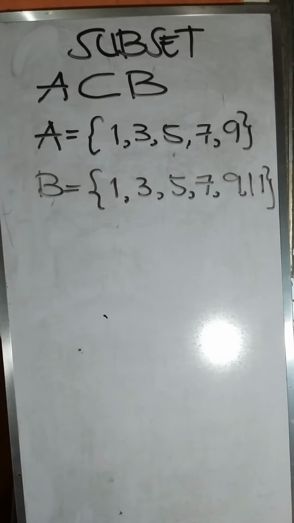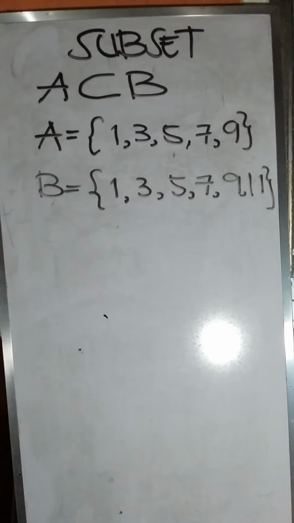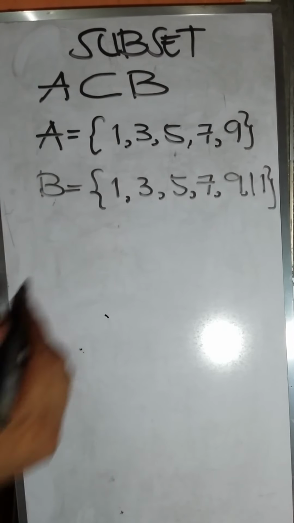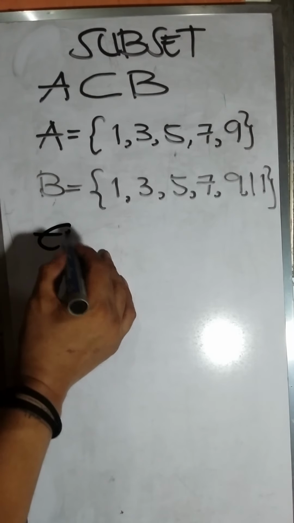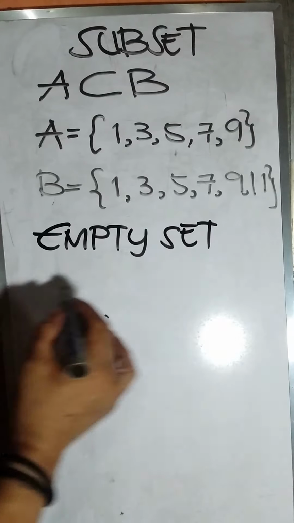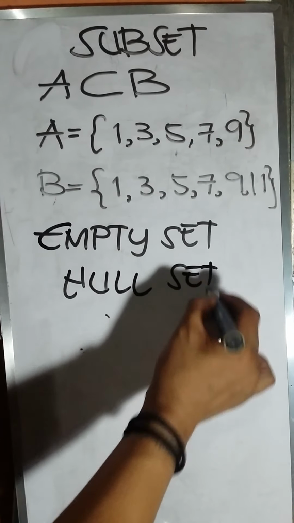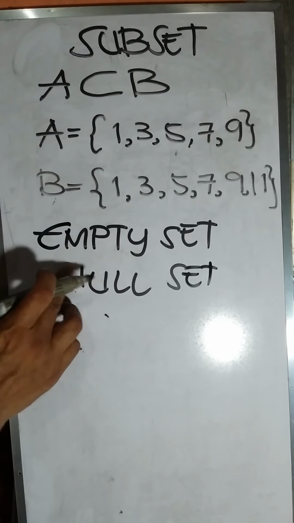Okay? And then last we have yung tinatawag na, sandali lang po, yung last nating kind ng set is called empty set or the null set.